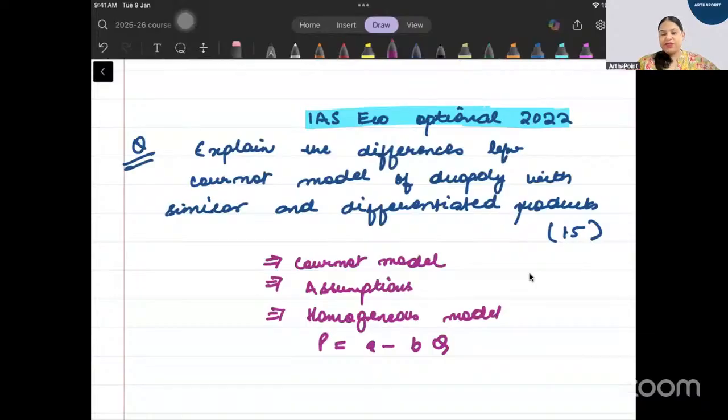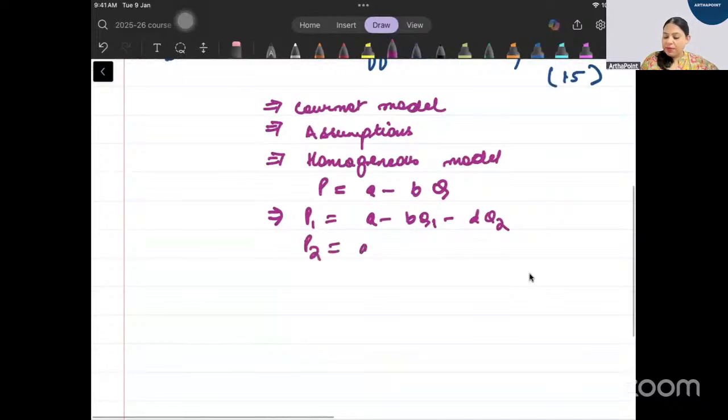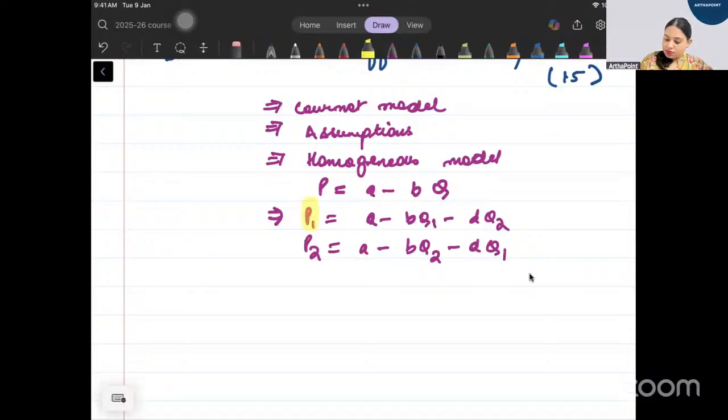So you have two separate equations: P1 is equal to A minus B Q1 minus D Q2, and P2 is equal to A minus B Q2 minus D Q1. So we have introduced the concept of differentiated prices.